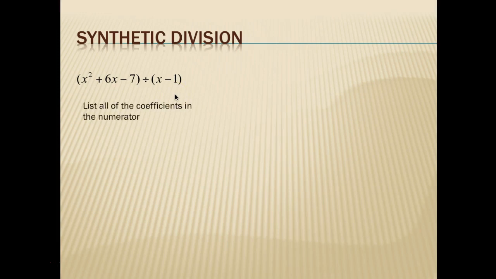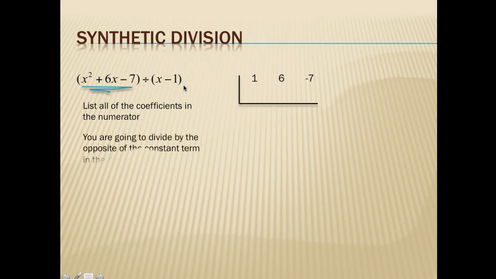First, list the coefficients. Secondly, I care about the opposite of -1, which is +1. Now, once you have this set up, there are only 2 operations we're going to do. We're going to multiply and we're going to add.